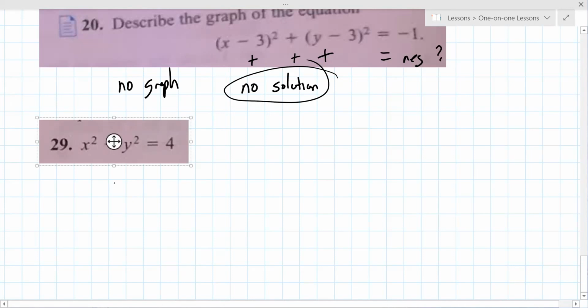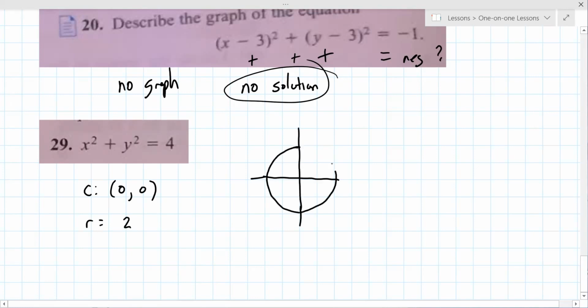So maybe we should at least describe that. We should say this is a center of 0, 0 and a radius of 2. You follow that? Okay. So what does the graph look like? Well, a really rough sketch is you go up 2, left 2, down 2, and right 2. So the domain, the x values, goes from -2 to 2. And the range, the y values, goes from -2 to 2.